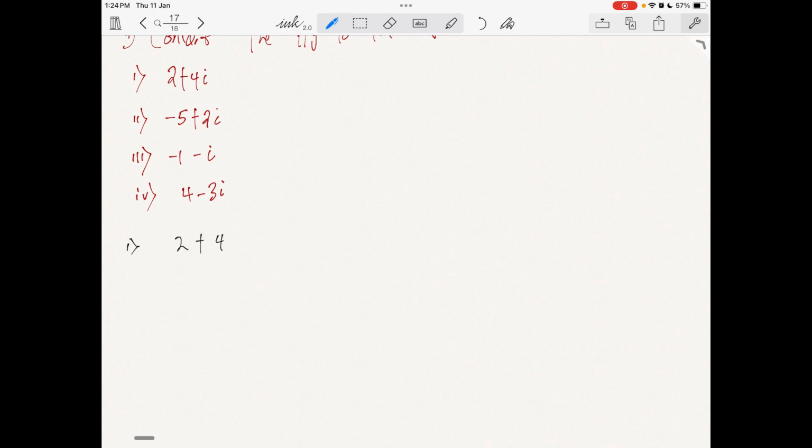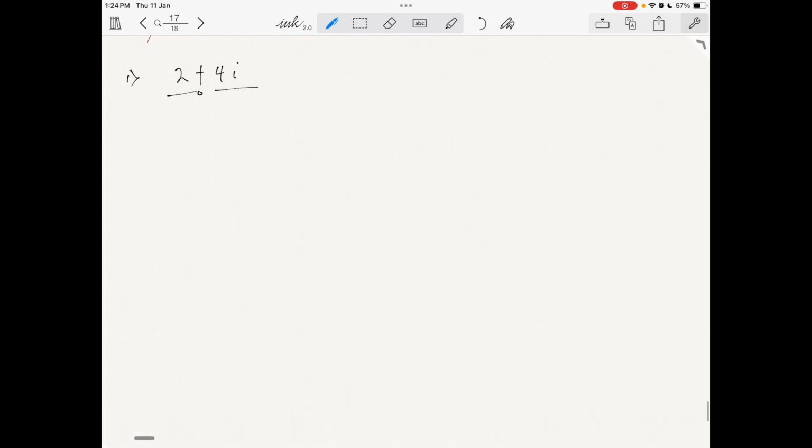2 plus 4i. Now, the first thing to always do is to draw the Argand diagram. Drawing the Argand diagram, you will know the location of the complex number, whether it's in the first quadrant, second, third, or fourth quadrant.